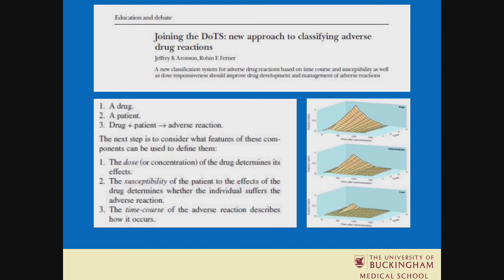I think because of the copyright rules I can't just send out the PDF. So there's a few things that you need in his classification. Of course, we need a drug, and then you need a patient, and then we've got to put them both together. And then the article states, so what other features do you need to look at?